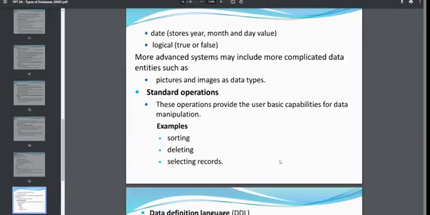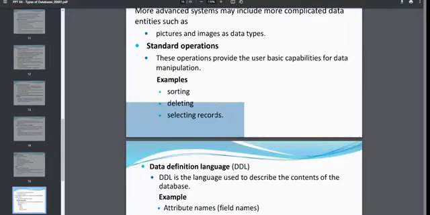Sorting means we can sort from A to Z, in alphabetical or numerical order, or according to the date registered. We can sort thousands or hundreds of records, then delete or select records. Why do we select records? When we need to perform the same task on multiple records, we should be able to select them before performing that task.